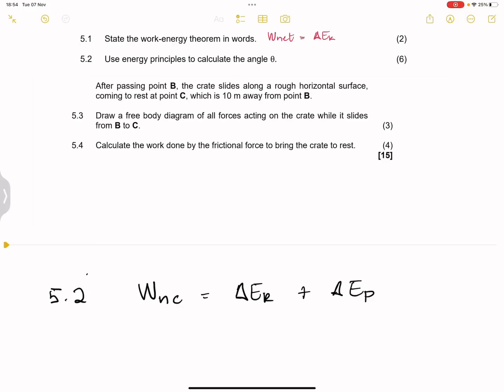But remember, we don't have an applied force, so this would be the work done by friction. And this would be equal to the change in kinetic energy, so half m times Vf squared minus Vi squared, plus mg times the final height minus the initial height.